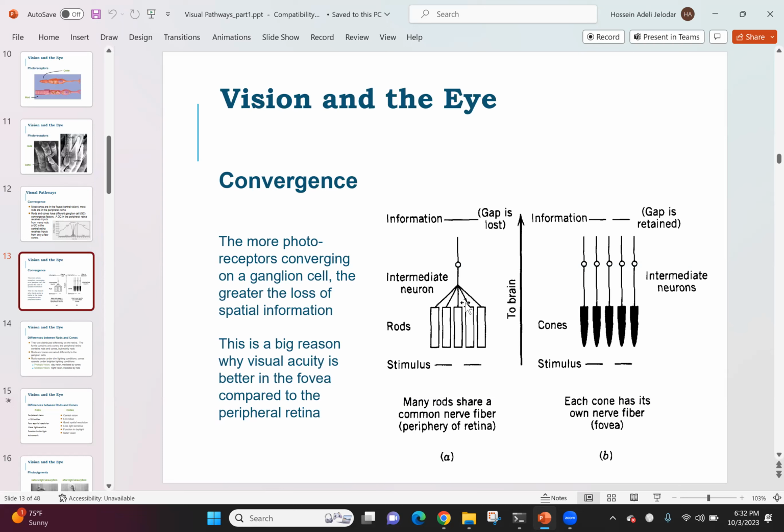What does that mean? Well, if so many things converge into one cell, you could have so many different patterns of visual input that give you the same result. But if everything is connected to only one cell, then any small changes can change the output. And that's what it means. When you have low convergence, you maintain a spatial resolution.